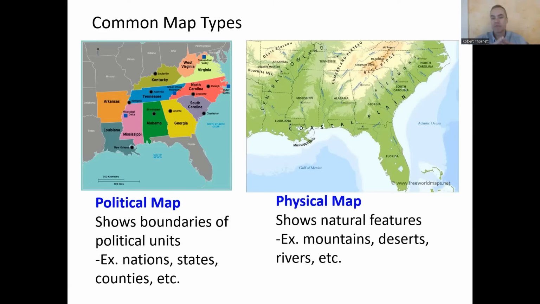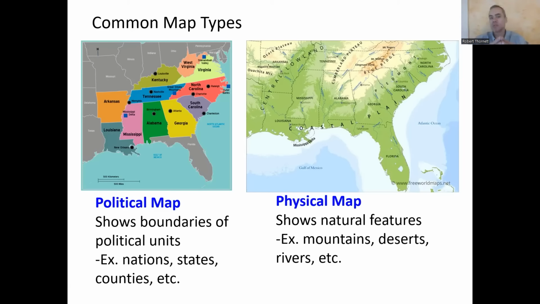On the right, you have a physical map. A physical map shows natural features, which are called landforms. So it also shows states too and cities, but this one is predominantly designed to be physical because you see all these mountains through there, the Blue Ridge Mountains, plateaus, lowlands. So a physical map versus a political map.